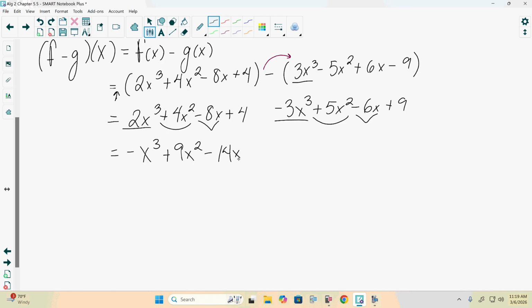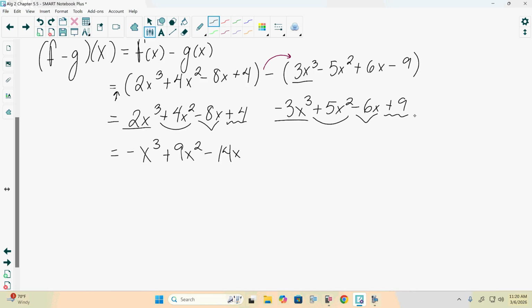Now, doing negative 8x minus 6x, especially with a negative and a negative, if you have trouble or it's challenging to keep that straight, we can put it in the calculator. Can't put the whole thing, but I can do negative 8 minus 6. We don't put the variables in because really what we're looking at are the coefficients. And negative 8 minus 6 is negative 14.